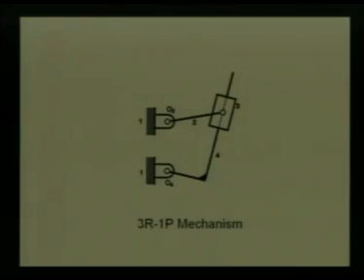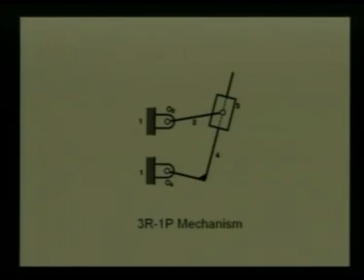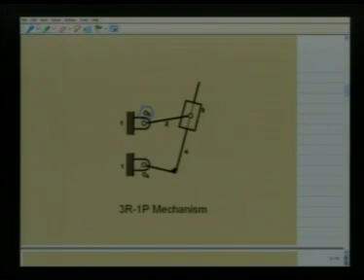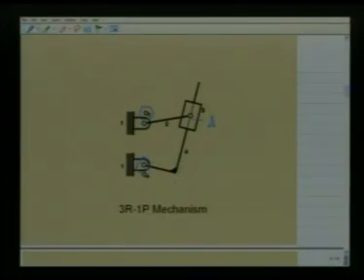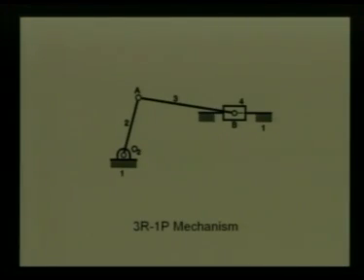Now let us consider different kinematic inversions which can arise out of such a 3R1P chain as shown in this figure. Here, as we see, there are three revolute pairs, namely at O2, O4 and say at A. Compared to the previous 3R1P chain, here the link 1, which is fixed, has revolute pairs at both ends, that is at O2 and O4. Whereas in the previous mechanism, the fixed link had a revolute pair at one end and a prismatic pair at the other end.